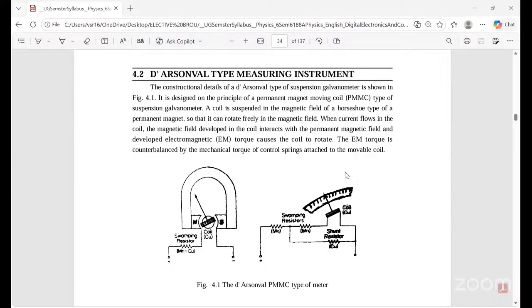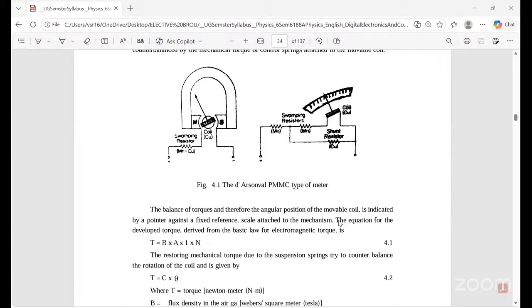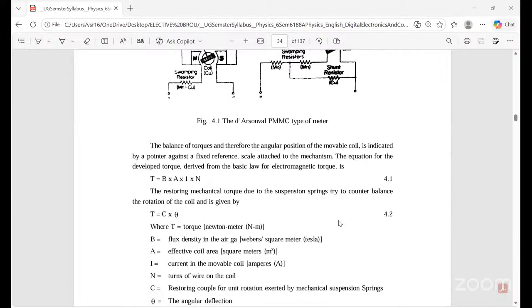The electromagnetic torque is counterbalanced by the mechanical torque of the controlling springs which are attached to the movable coil here. So the balanced torque gives the angular position of the coil by a pointer against the fixed reference.